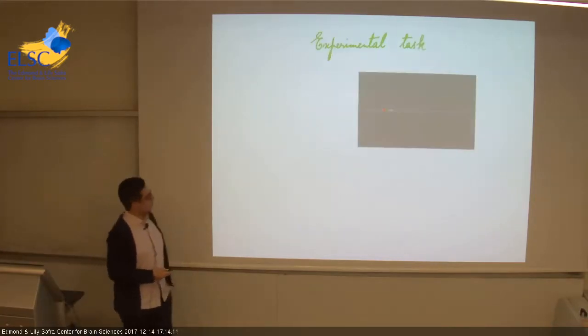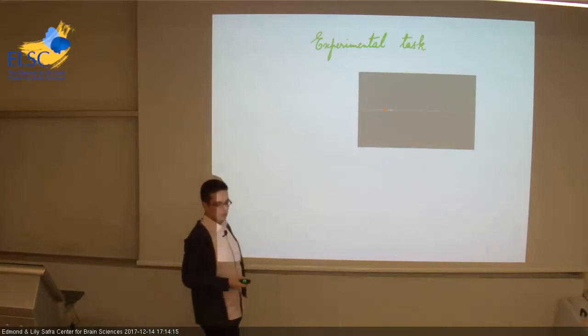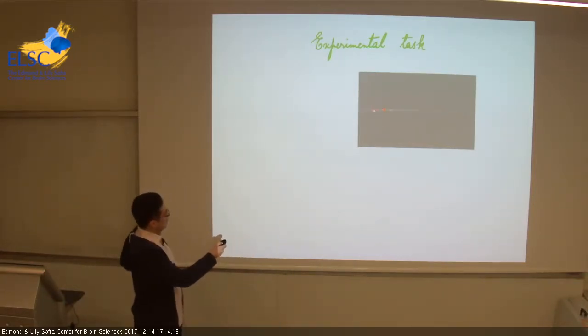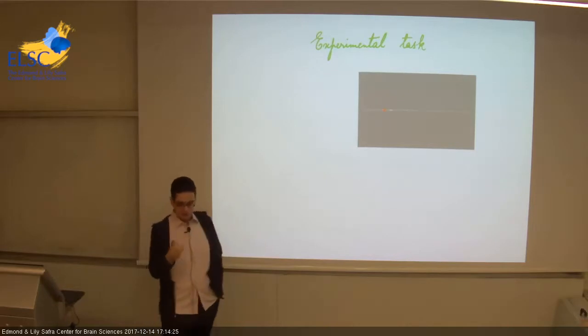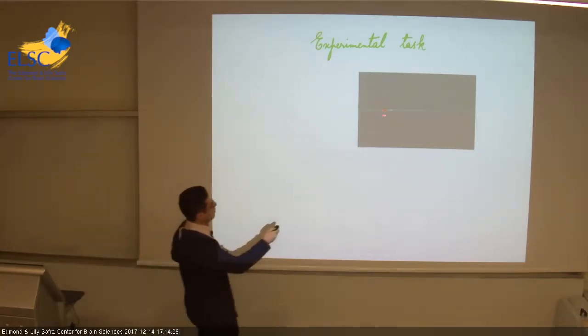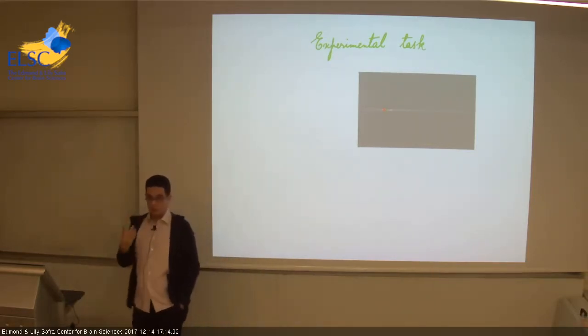So the starting point for this work is an experimental task that we ran on humans, and this is what subjects see. The red dot is the position. We just consider a one-dimensional problem. The red dot is the true position, your hidden state. Subjects will see this red dot only in trial runs, but they don't see it when they actually do the task.